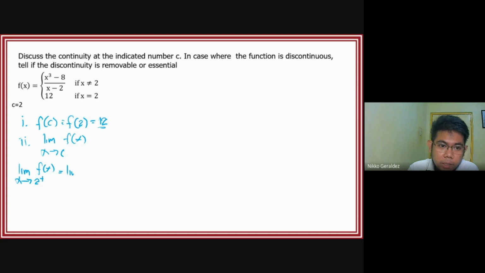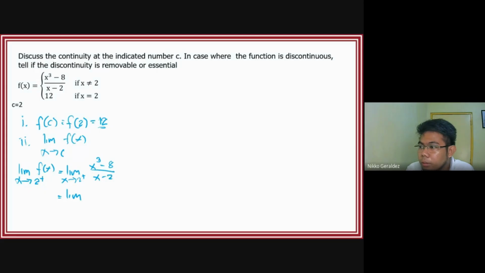Factor ng x cubed minus 8, special products: x minus 2 times x squared plus 2x plus 4, over x minus 2.